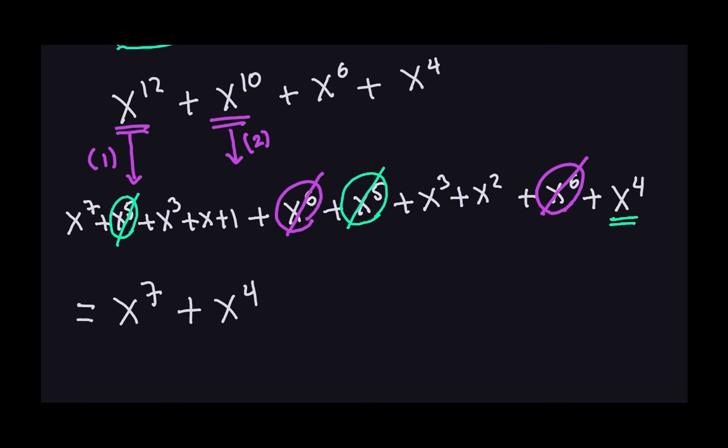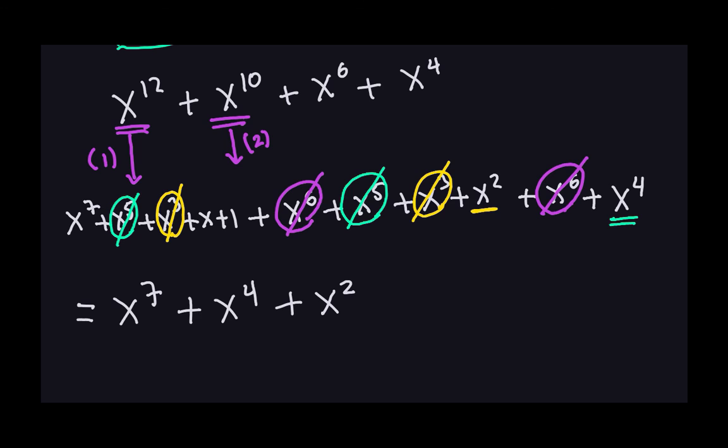Now, do I have an x cubed there? Yes, I do. Let me use another color here. I have an x cubed right here with the yellow one, and I have another x cubed right here. Because it's addition with sort, again, they cancel out, so I don't have an x cubed at all. Do I have an x squared? Let's see. Yes, it is right here. I'm marking down with yellow over here. I have an x squared, but it doesn't combine with anything, so it's going to be plus x squared.